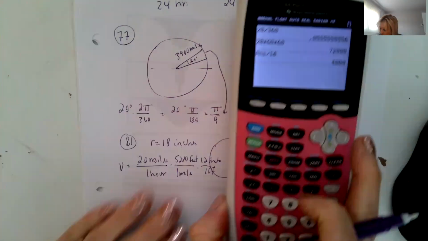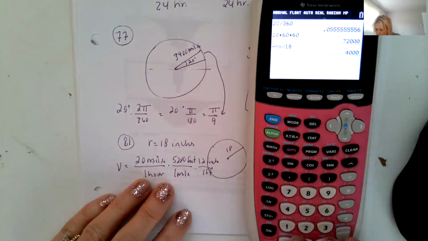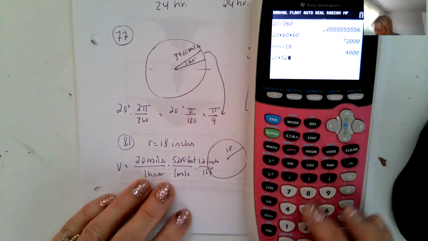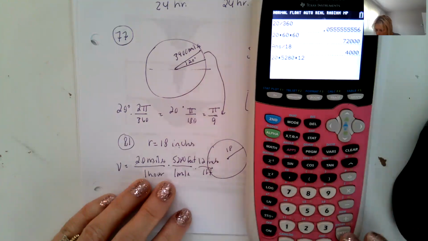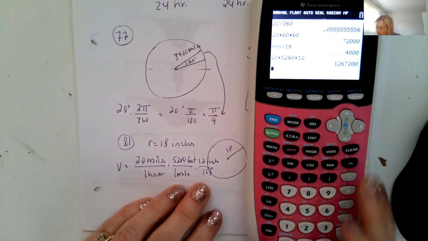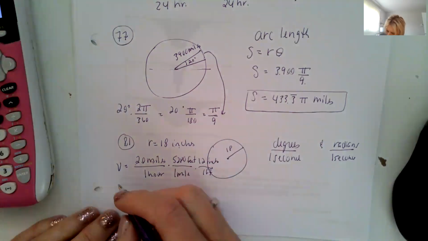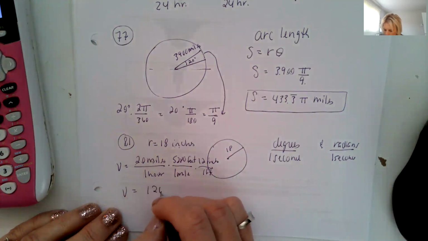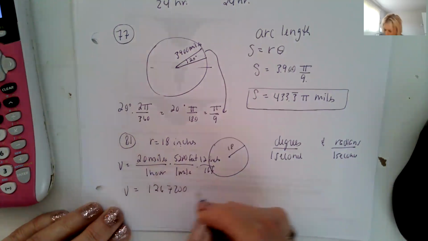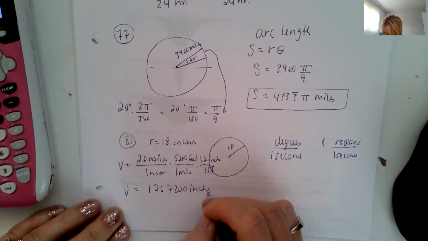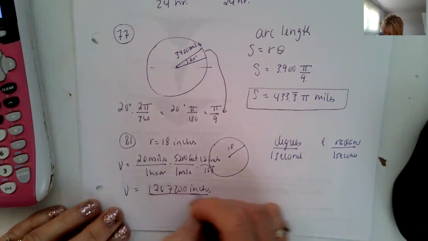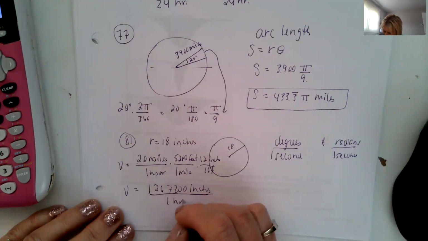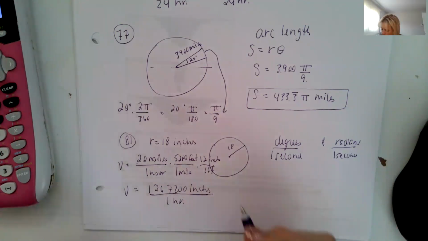That will give us the number of inches we're traveling every hour. So 20 times 5,280 times 12. We're actually traveling 1,267,200 inches every hour, but they want per second.